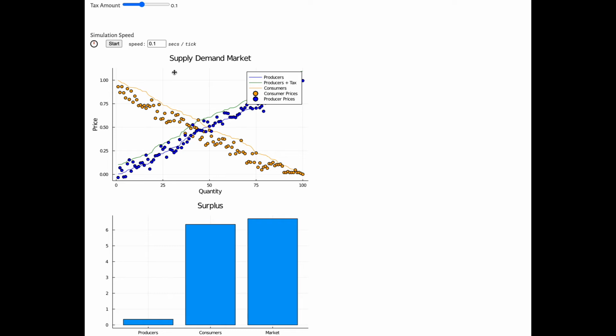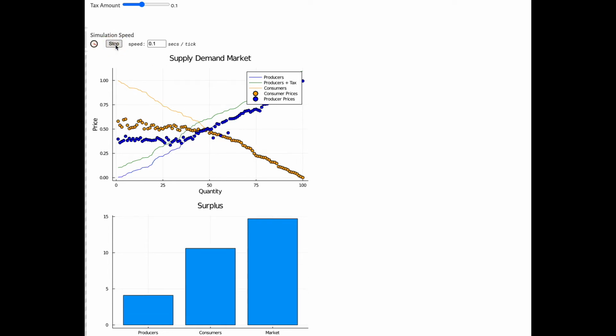So now let's run the simulation again and see what happens. You'll notice that the producers and consumers have formed two separate lines. That's actually because of the imposition of the tax. The producers come at the new market equilibrium, which is the intersection between the new supply curve, the new abilities of the producers, which is the green line, and the demand curve.